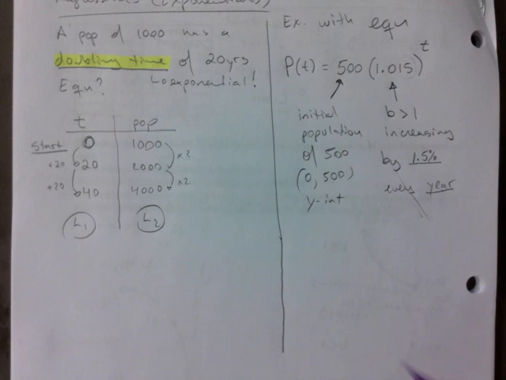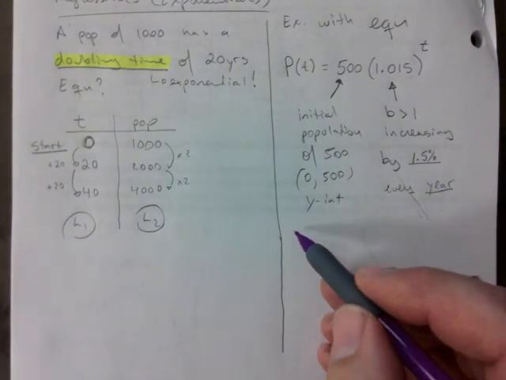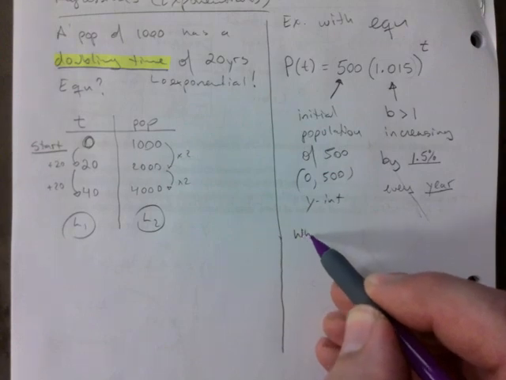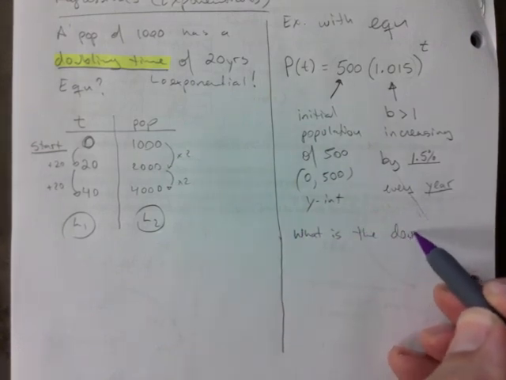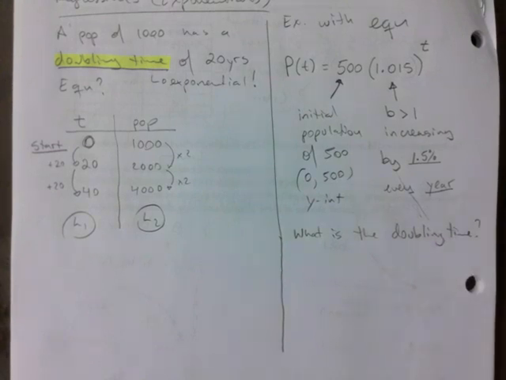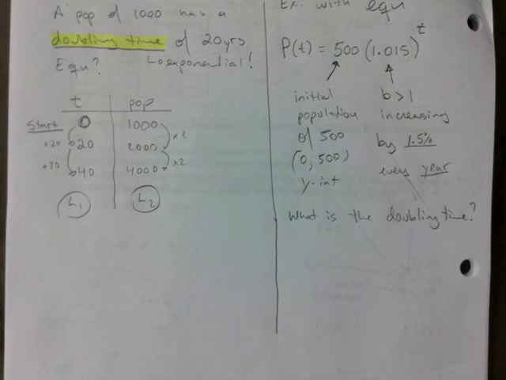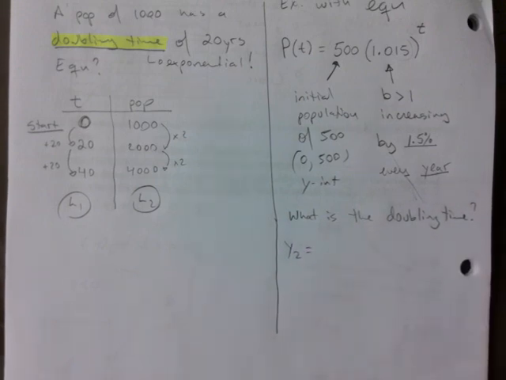You ready for this one? This is my grand finale and then your mock test time. What is the doubling time? What is the doubling time of this town? How long does it take to double your population? You let Y2 be?